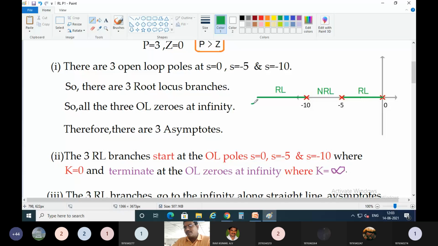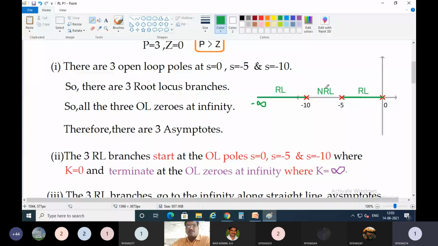So 0 to minus 5, the root locus exists. Minus 10 to minus infinity, the root locus exists. But minus 5 to minus 10, is there any root locus? No root locus.